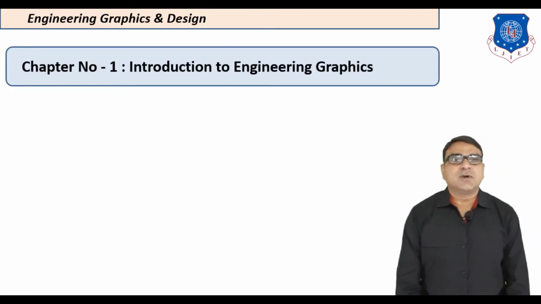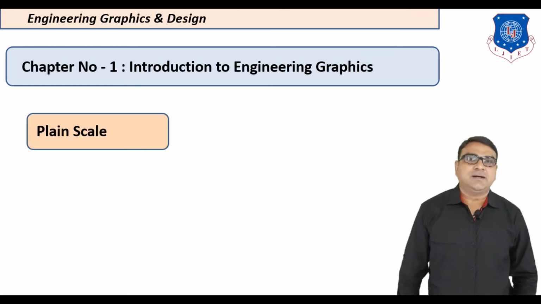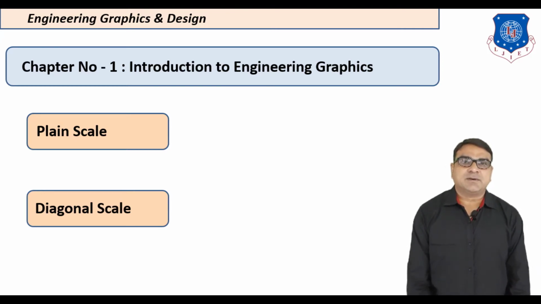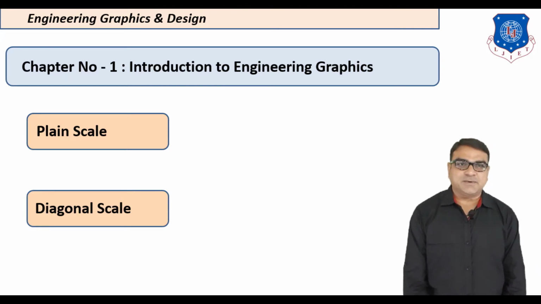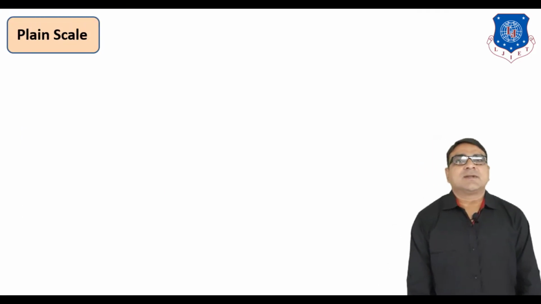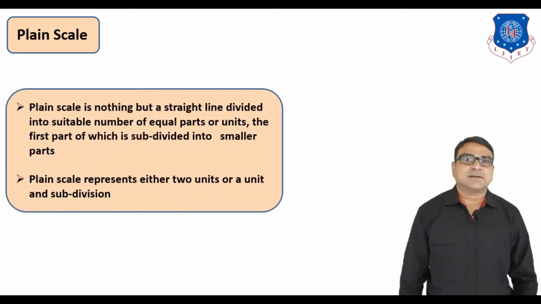Now today we are going to learn about the plane scale and diagonal scale, which are the topics from chapter number 1, Introduction to Engineering Graphics. In the previous lecture, we discussed plane scale. What is a plane scale?